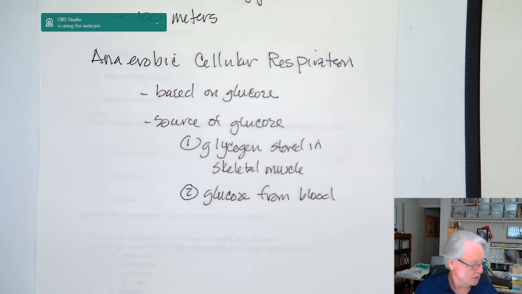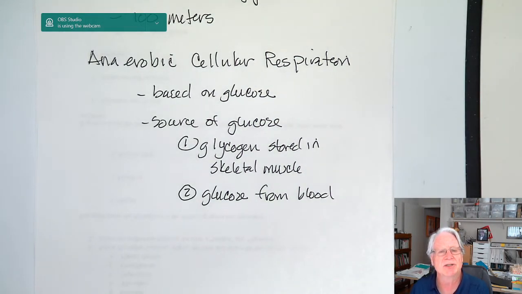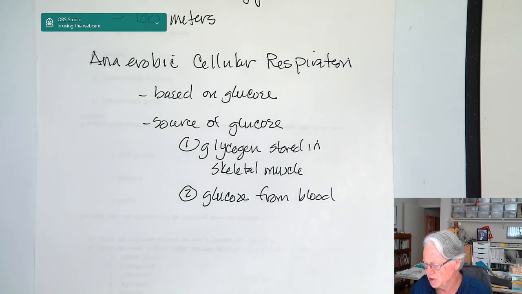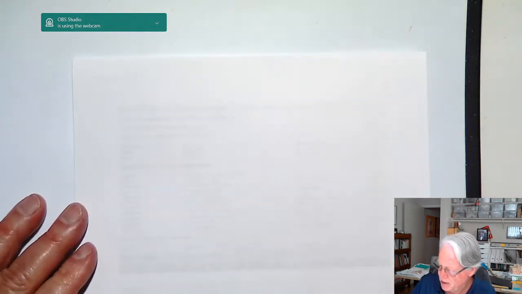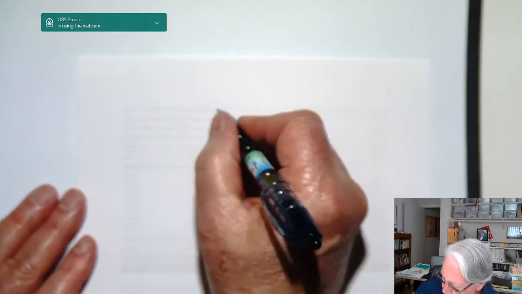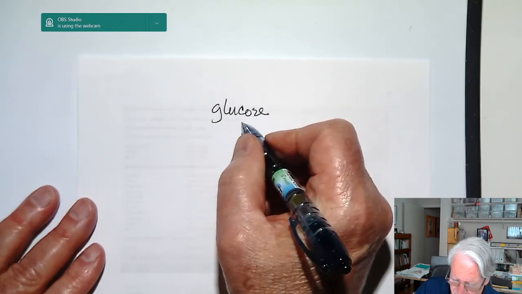Okay? So how does this system work? Well, let's take a look at a typical pathway for using glucose to produce ATP, including the availability of oxygen in that picture. So in the next drawing, I'm going to go ahead and show you a very simplified drawing of the process of using glucose to generate some energy.